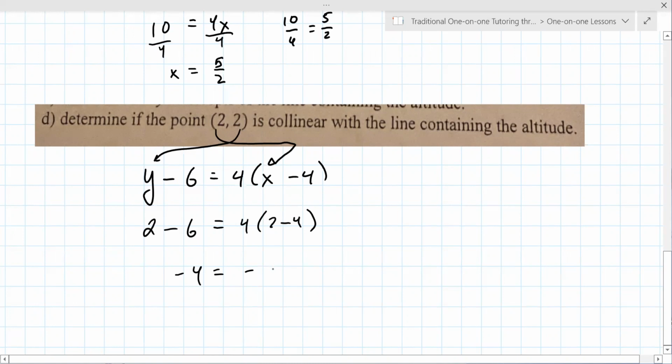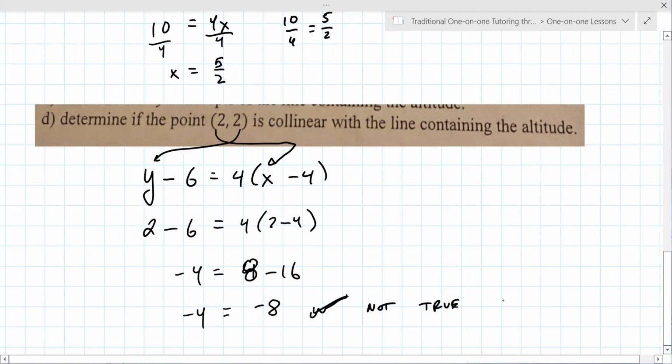No, I'm sorry, it's 8 minus 16, which is negative 8. I have minus 4 equals 8 minus 16, which equals negative 4. So this is not true. I don't know why I put a check. I'm tired too. So this is not collinear.